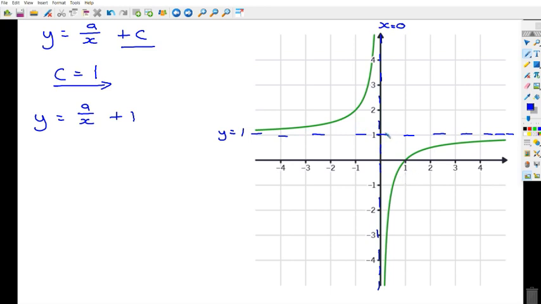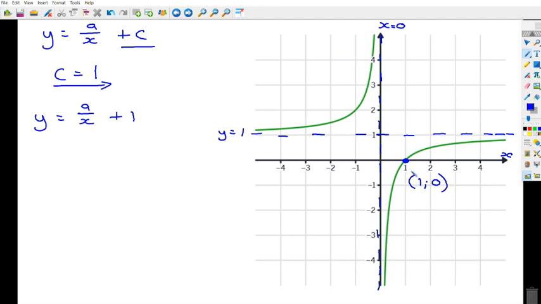Now I see this. What is that? That is my x-intercept. It's where my graph is cutting my x-axis. And what is that point over there? Do I have a point? Yes, I do. I've got x is 1 and my y is 0. Sometimes if they don't give you a point, they want you to go and look for it.